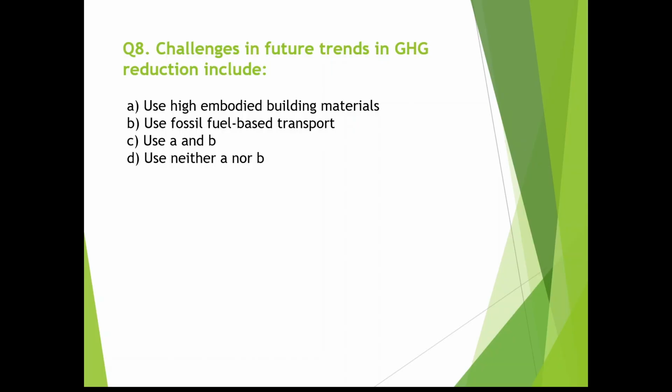To reduce greenhouse emissions, future trends must avoid high embodied carbon emission materials and should avoid fossil fuel based transport systems. These practices contribute to the carbon footprint, not to the reduction of greenhouse emissions. Fine. So let's move to the ninth question then.